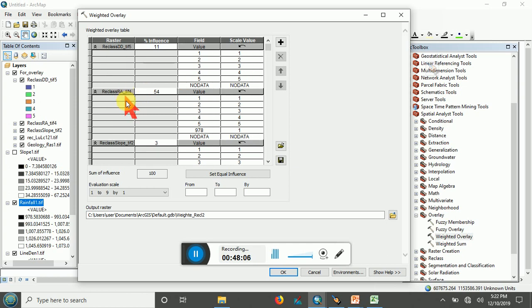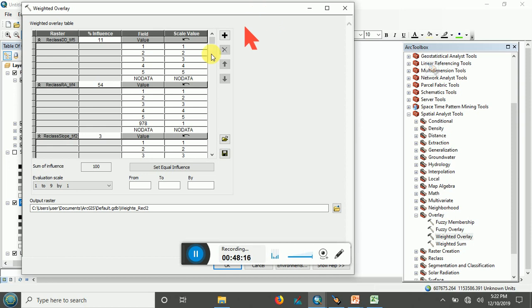And go back to rainfall again, it is okay, but first you have to give here, when you go down, you do have an evaluation scale, no? So this evaluation scale should be 1 to 5 because we are working on 5 reclassified scales.